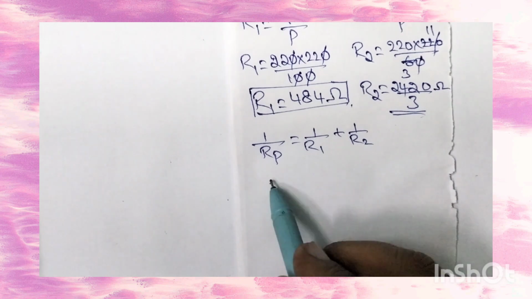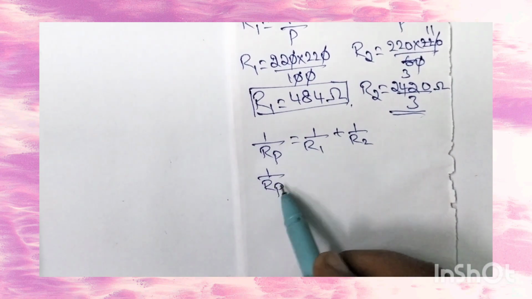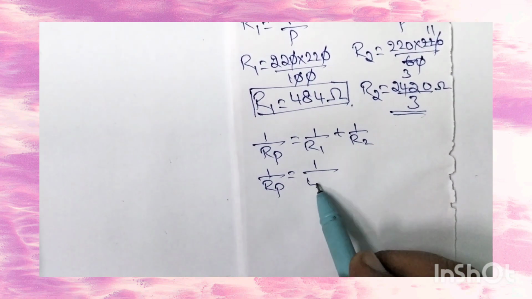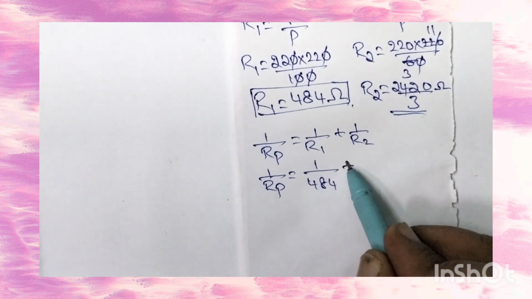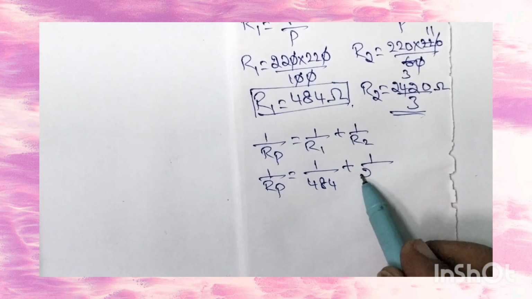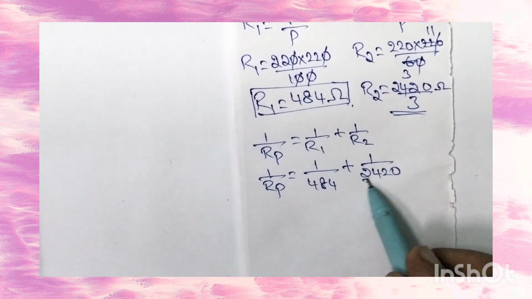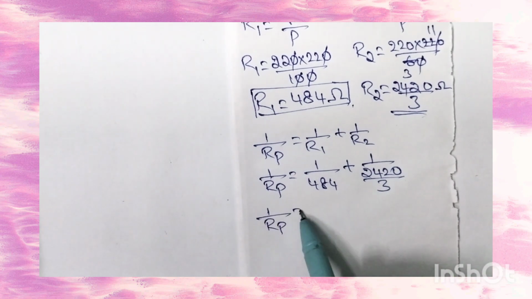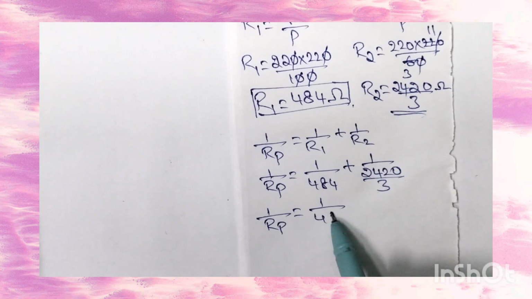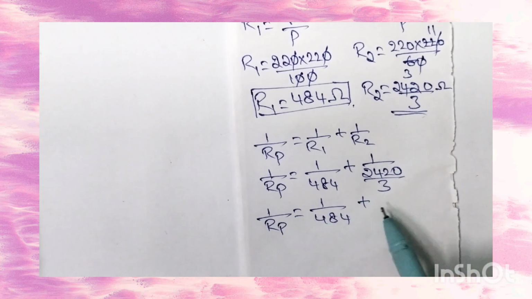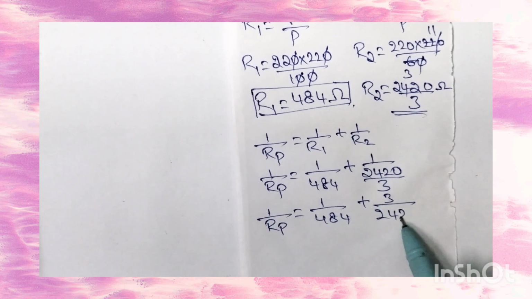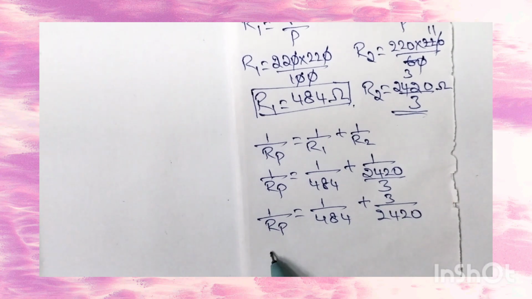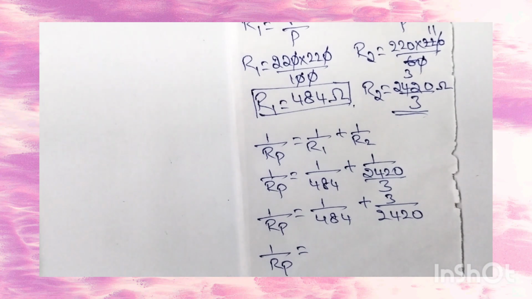So now 1 over Rp is equal to 1 over R1 means 484 ohm plus 1 over R2 means 2420 divided by 3. So 1 over Rp is equal to 1 over 484 plus reciprocal 3 divided by 2420.